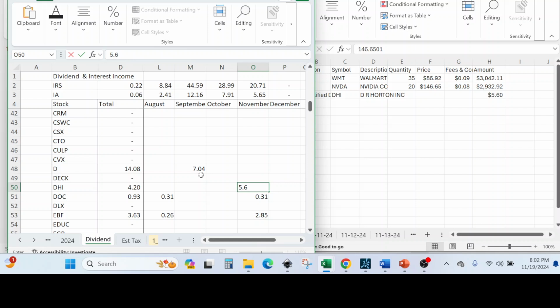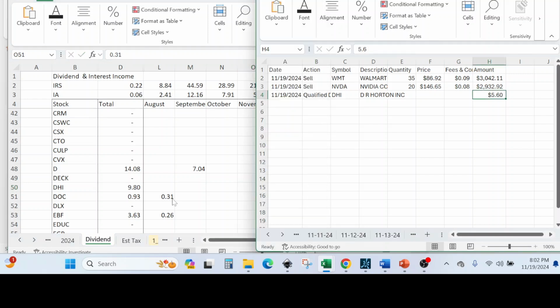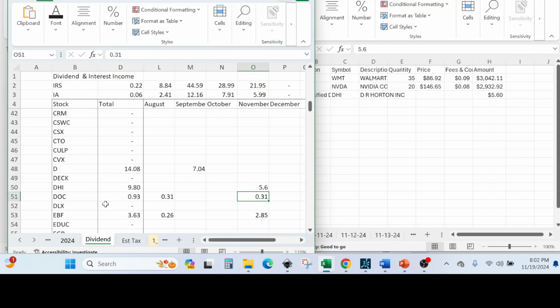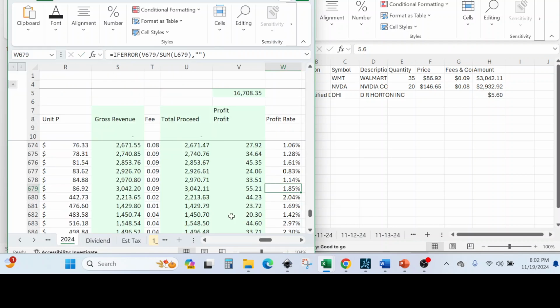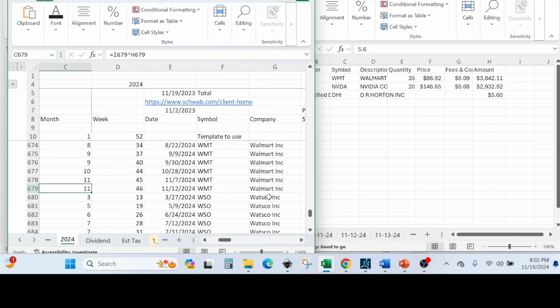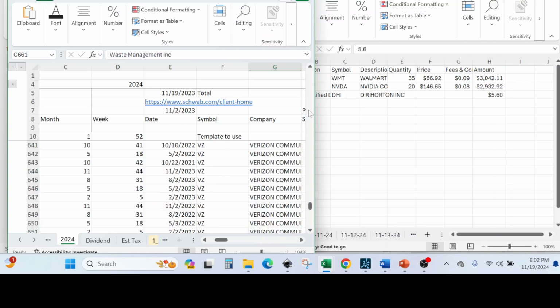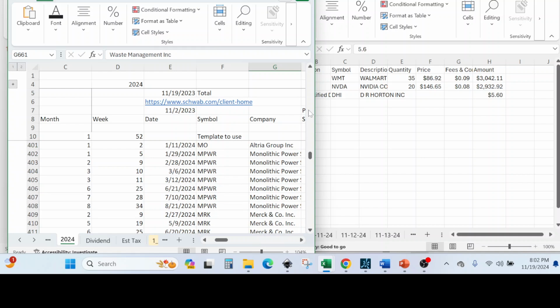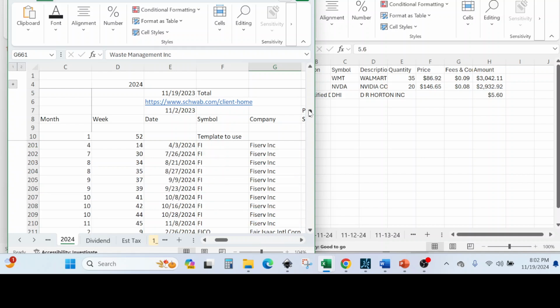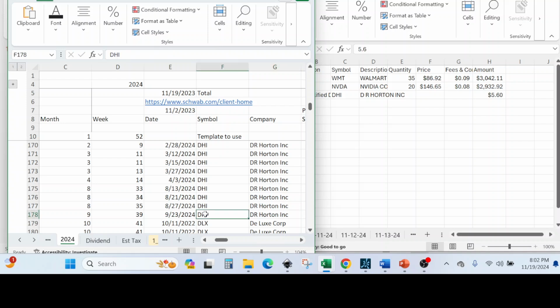We can take a look at when we purchased it last time. We purchased it on September 23rd. And we have not sold it yet.